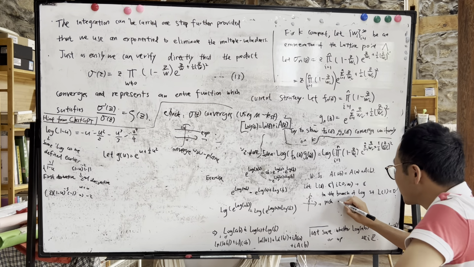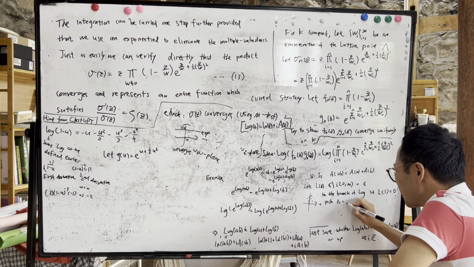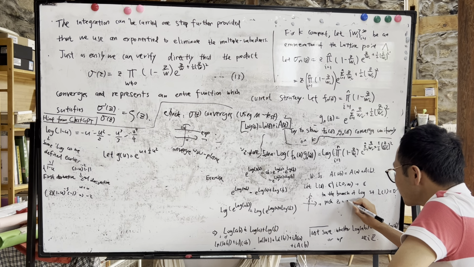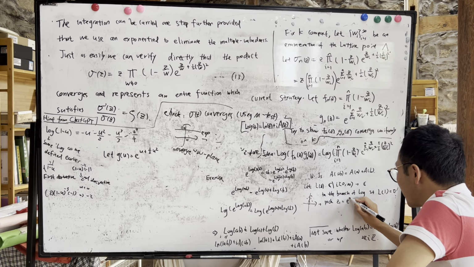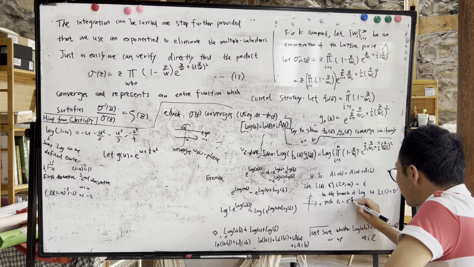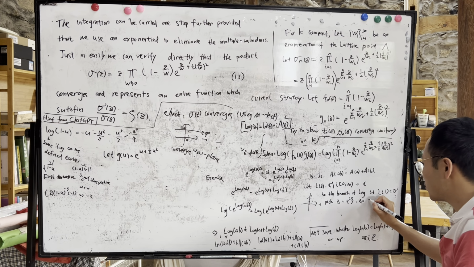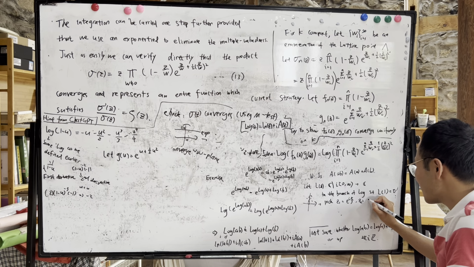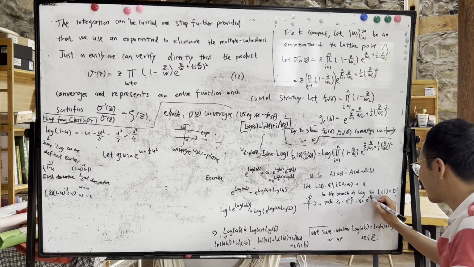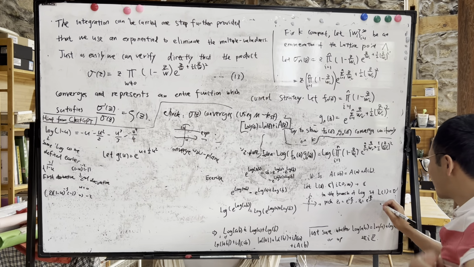Pick Z1 to be e to the I pi over 3, and then Z2 is equal to e to the I pi over 3 again.